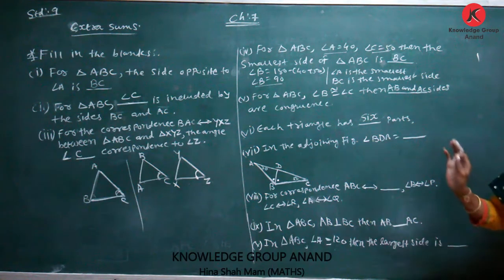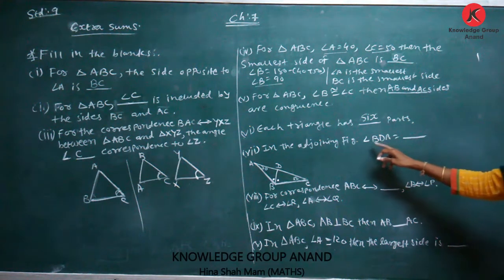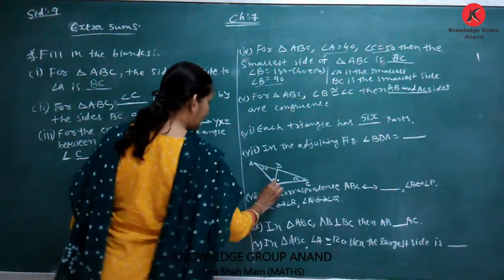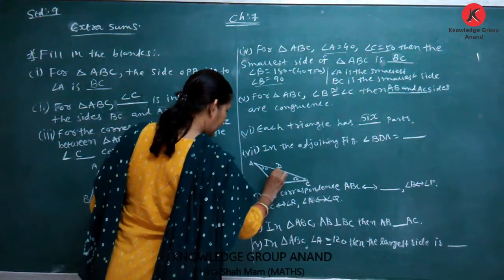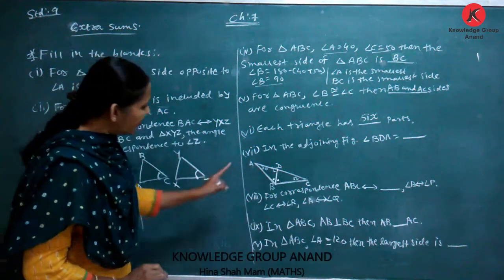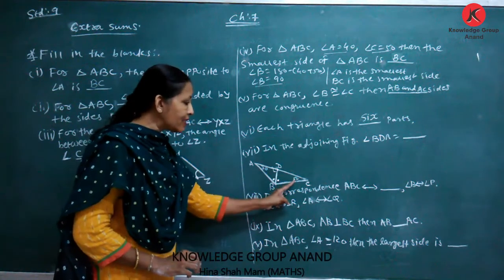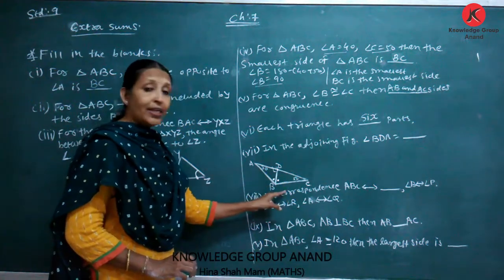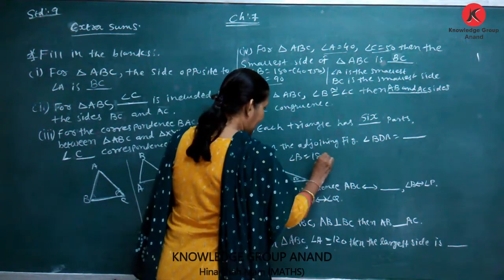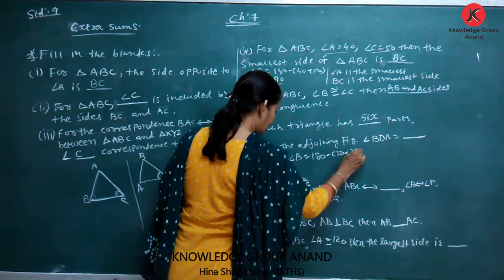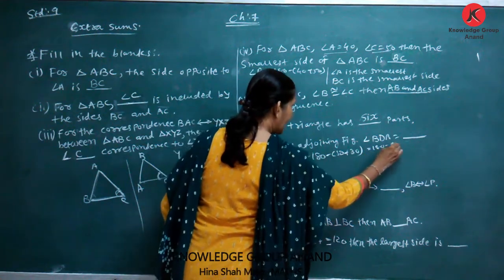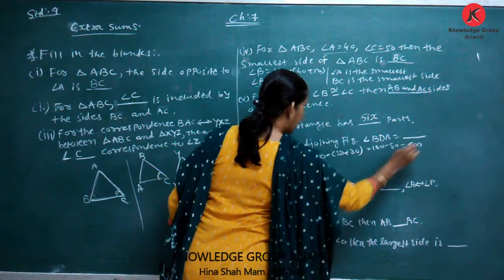Number 7. In the adjoining figure, angle BDA is equal to how much? Here find BDA, this angle. In this figure, angle A is equal to 30, C is equal to 50. Then we find B. Angle B is equal to 180 minus 50 plus 30, is equal to 180 minus 80, equals 100.